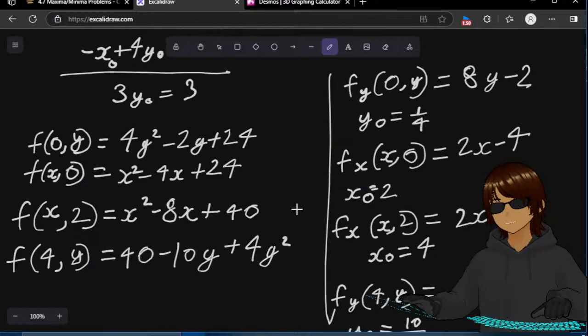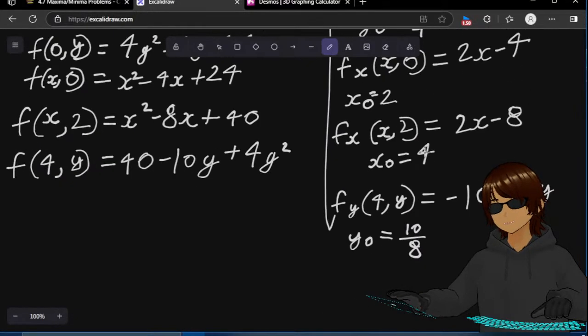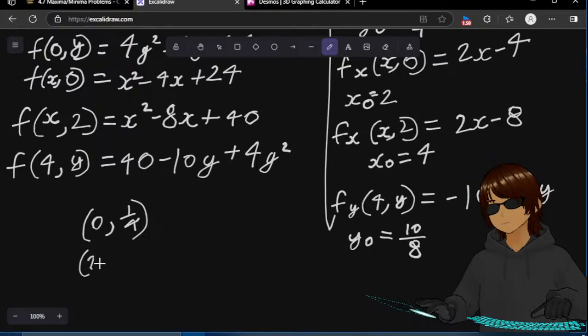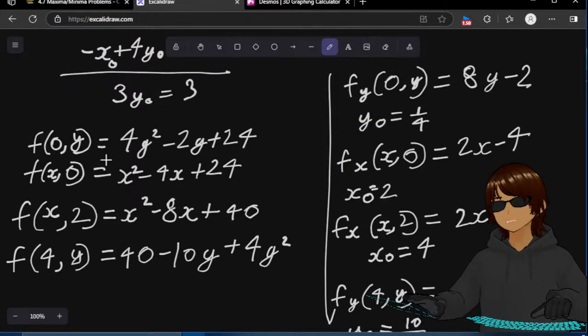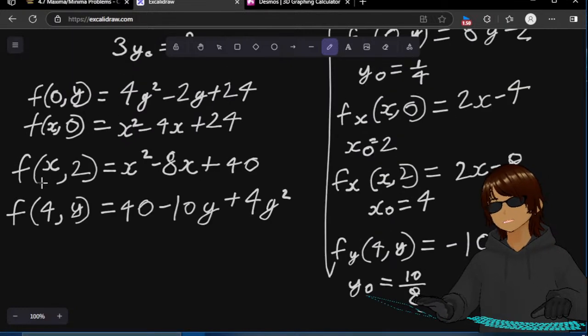Okay, we can't consider this, but we can consider these, right? So we have 0, 1 over 4. We have 2, 0. Hold on, no, I need to plug this back into f and calculate the lowest f value, right?